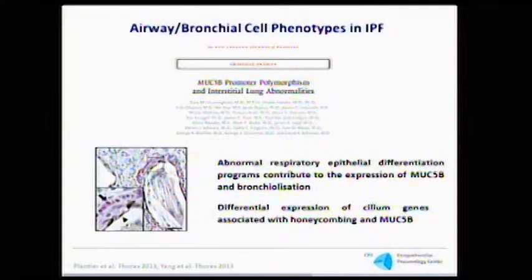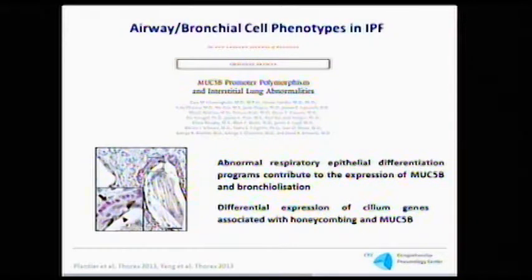So the area of airway and bronchial phenotypes, and actually all airway remodeling, was the main part of the talks that just opened up the session, but this is an area which has more or less been neglected for a long time in IPF. It has just recently been highlighted again, because there's a landmark study done by the Denver group, by David Schwartz, showing that MUC5B polymorphisms are present in IPF lungs.